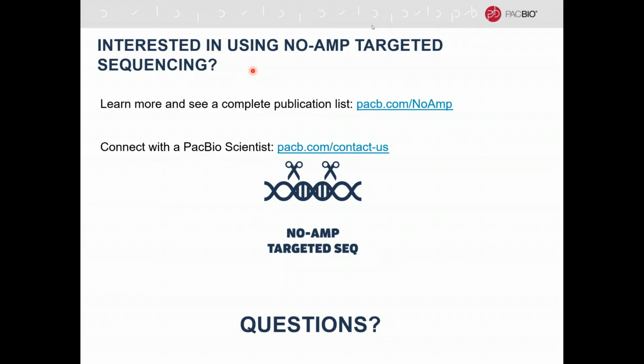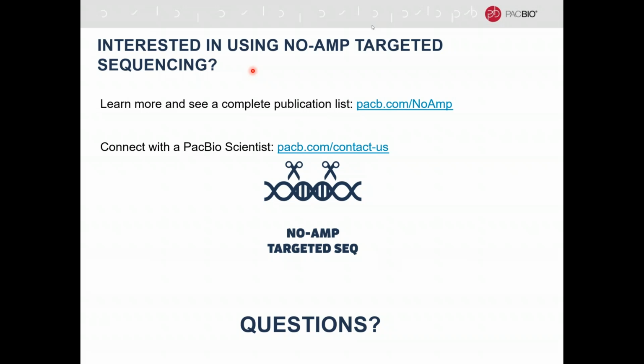In general, our target is to provide these highly accurate CCS reads of a few passes, 4 or more in general. As a core technology, if you look at human resequencing, we're pushing the insert sizes right now, 15 kb, 20 kb.